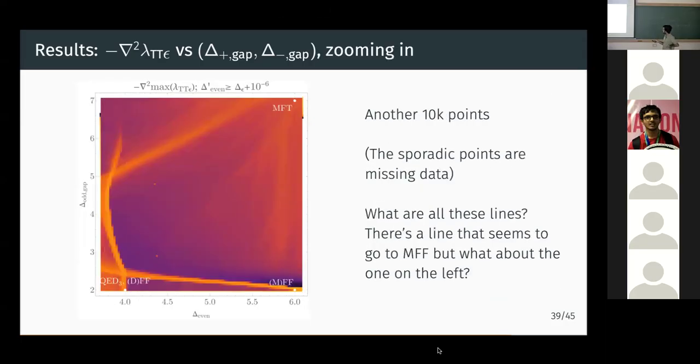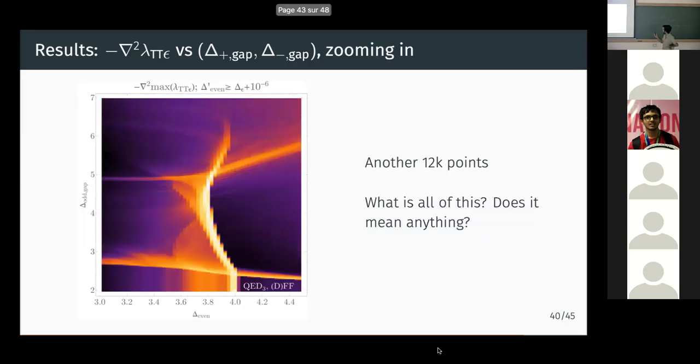And so I zoomed in a bit. This is less of a good plot, but the next one is my favorite plot. Here we go. So this is zooming in on this region where you have a parity even scalar between dimension 3 and 4.5, and a parity odd scalar between 2 and 7. And you see this huge, very, very striking feature that seems to be going along this line and has all of these extra stuff coming out of it.